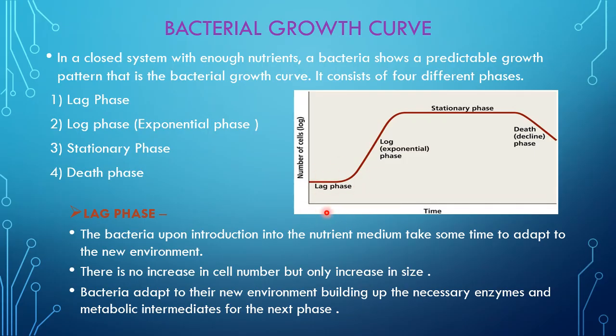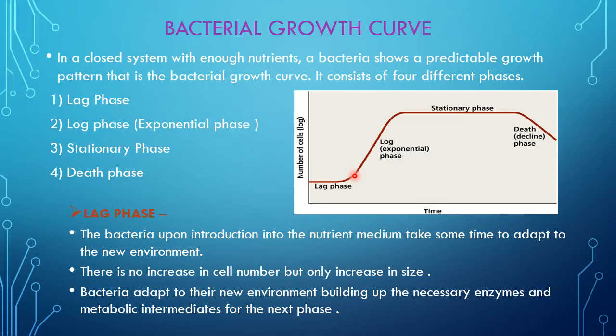When you put a new bacteria into a nutrient medium, the place will be new for them, the nutrients will be new for them, right? So it needs an adjustment phase. That adjustment phase is the lag phase. Here bacteria will not increase in number, they don't reproduce, they first adjust themselves.